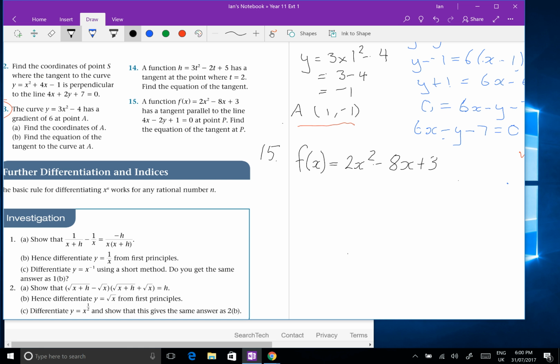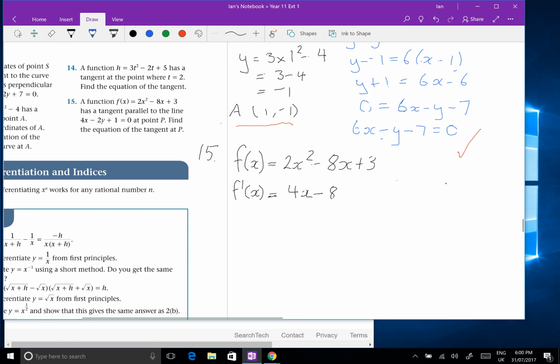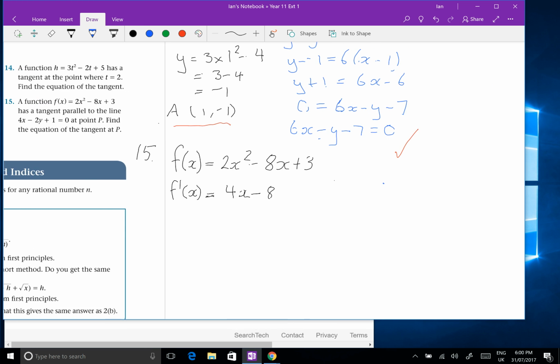Well, I know I'm going to have to differentiate, so that's my first step. f dash of x is 4x minus 8. But I also know that the tangent at the point P is parallel to 4x minus 2y plus 1 equals 0.